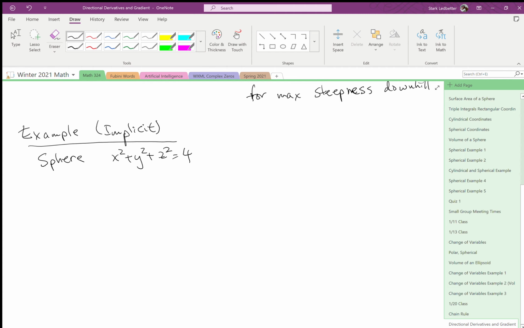Okay, and we're going to be examining this at 2 points. We're going to be at 1, 1, and actually if I give you 1, 1, you should be able to find the z coordinate, right? 1, 1, root 2, and 1, 1, negative root 2 are the two possible z coordinates. Let's just make a little sketch here.